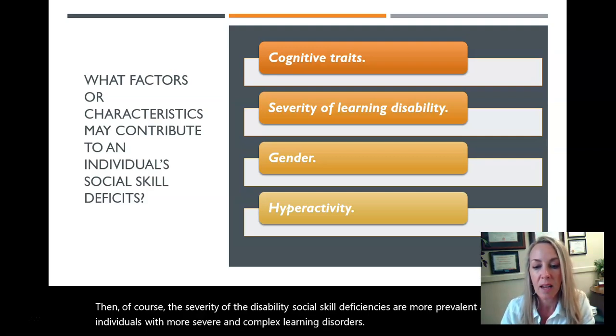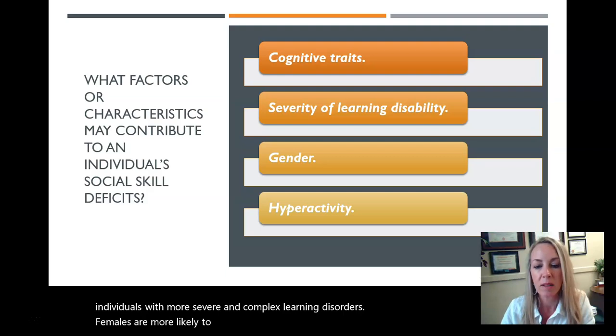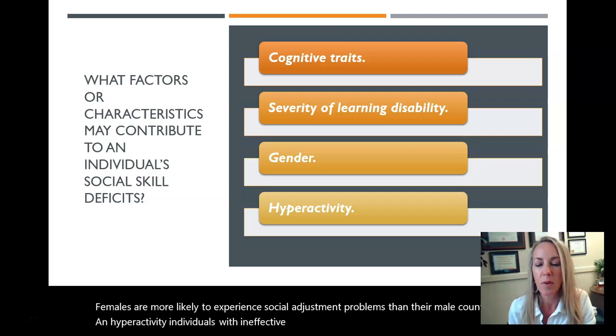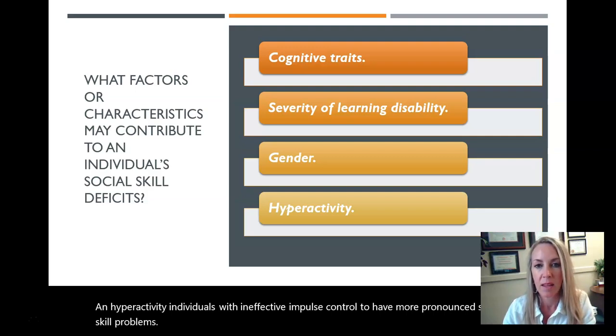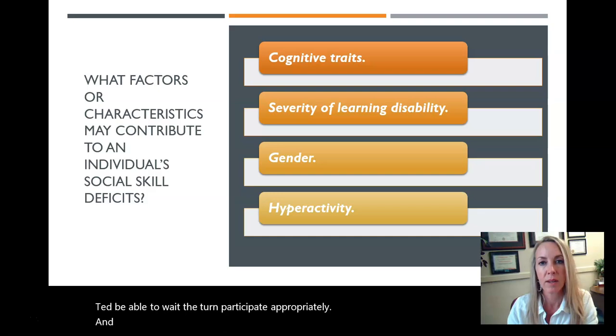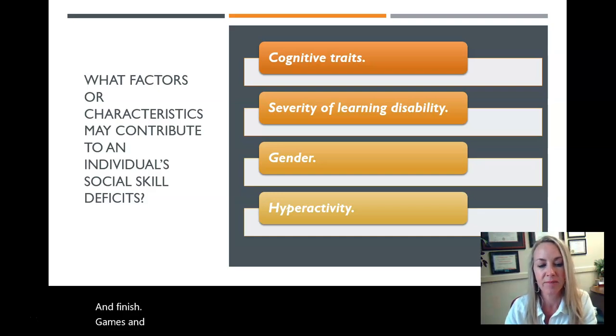Females are more likely to experience social adjustment problems than their male counterparts. And hyperactivity, individuals with ineffective impulse control tend to have more pronounced social skill problems, both in not being inhibited, not judging social cues, and not controlling impulses to be able to wait their turn, participate appropriately, and finish games and so on that have been started.